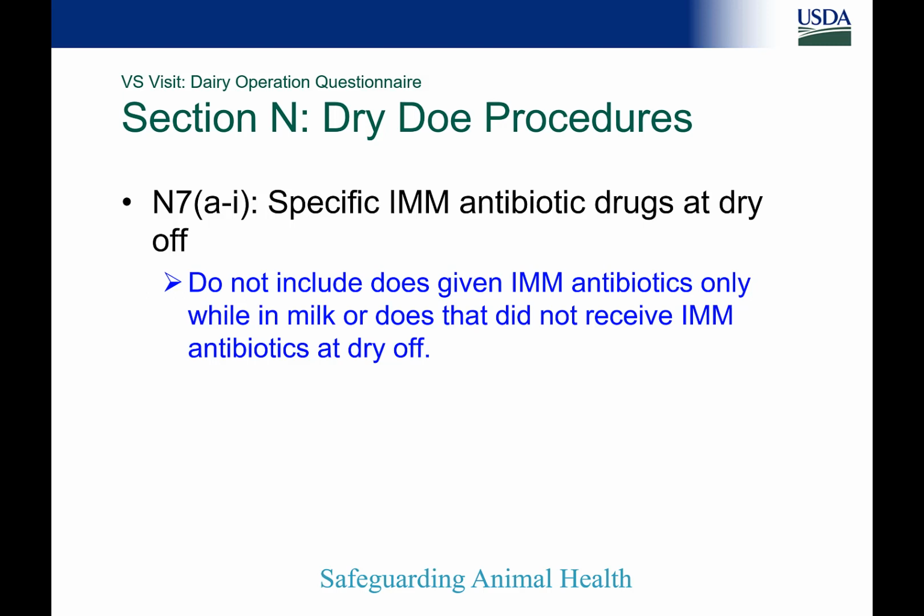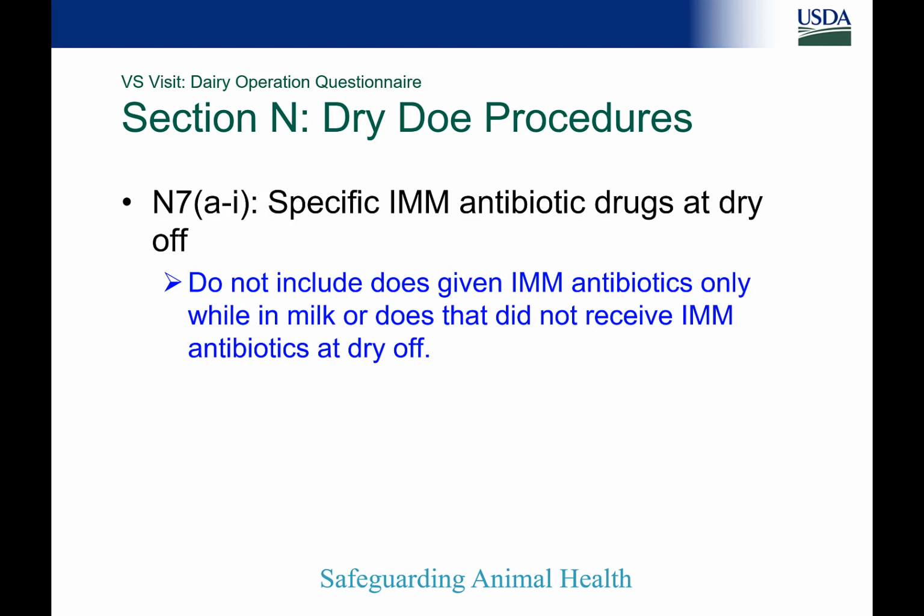So N is dry doe procedures. So we want to know how they're drying off their does, if it's based on a schedule, milk production level, presence of mastitis or somatic cell count, or other reason. And we want to know the percentage of does that are dried off by that reason.